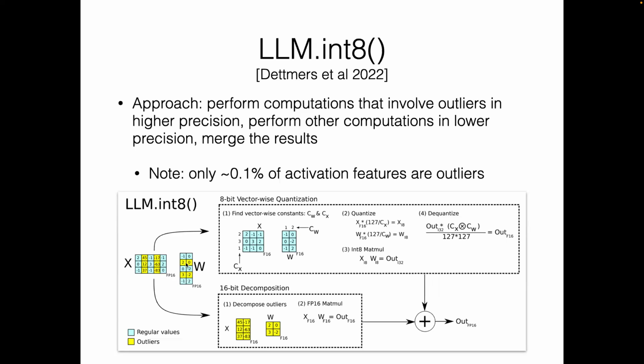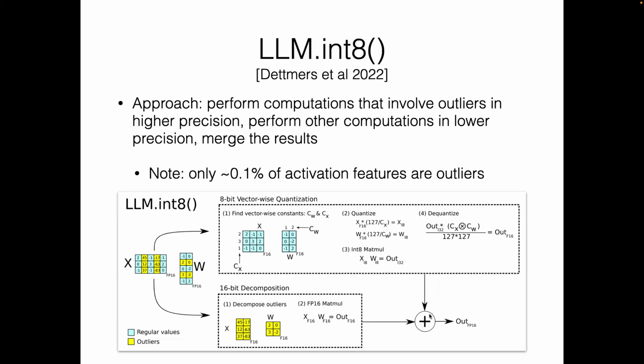So you could basically split up the computation. Down here, you could do, say, 16-bit multiplication. Up here, you could do, say, 8-bit multiplication after quantizing and dequantizing. And then you can merge the results, so add them together. So that's really the key idea behind this method, LLM int8.